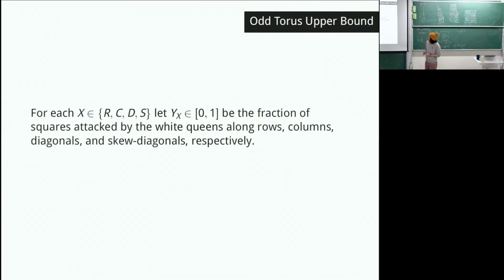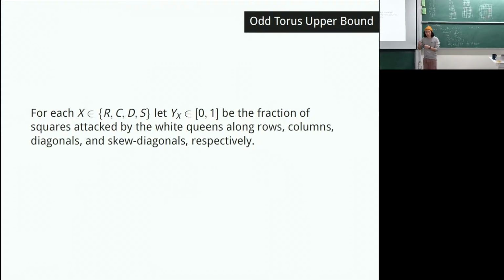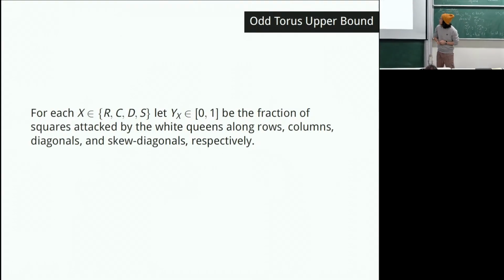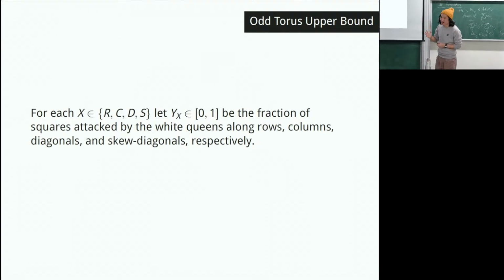For each of these dimensions, row, column, diagonal, skew diagonal, we let the variable y_x be the fraction of squares, so we divide by n squared, that are attacked along that dimension. We've placed the white queens, and y_r, for example, is the fraction of squares attacked along rows, and y_c is the fraction of squares attacked along columns.